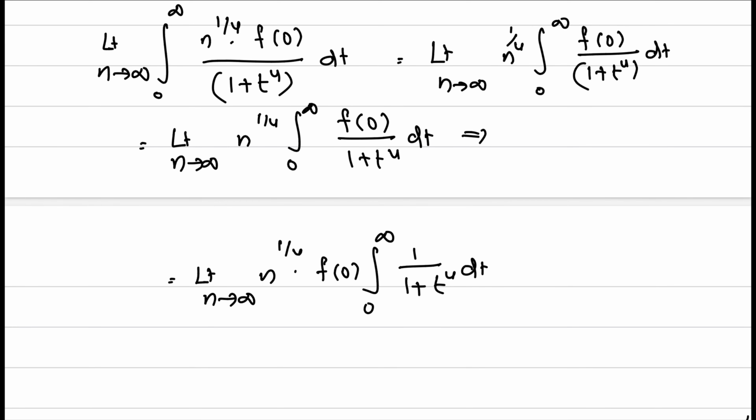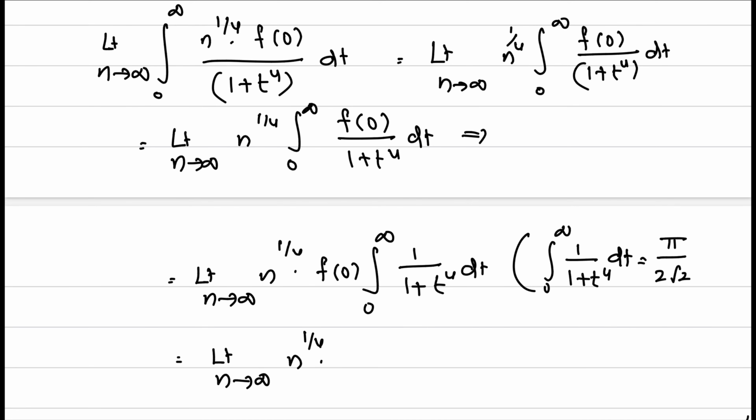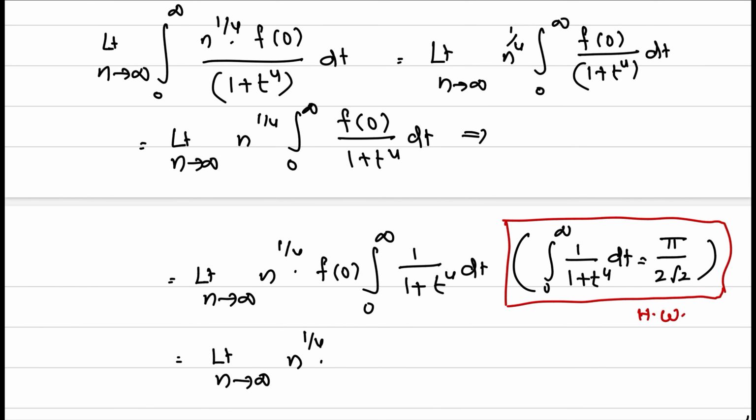What is the value of integral 0 to infinity 1 by 1 plus t to the power of 4 dt? It's a standard value, pi by 2 root 2. Please remember this. Take it as homework and solve this. This is the standard value.